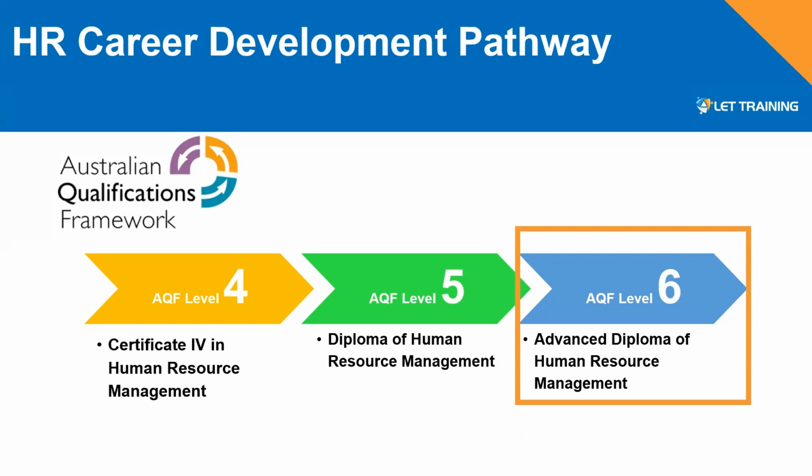And from a contextualisation at a pitching level, if we make the comparison to level 4, Certificate 4 presumes that you have the ability to do the do, that you can engage in all of the HR functions and processes at an operational level.